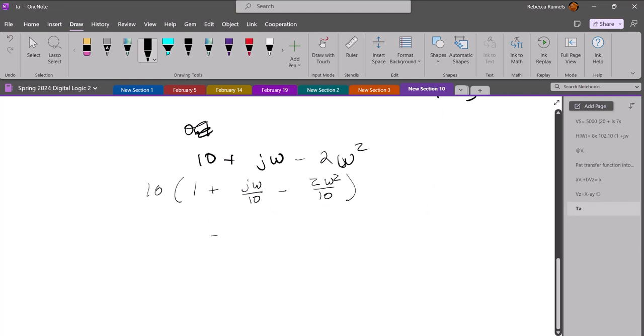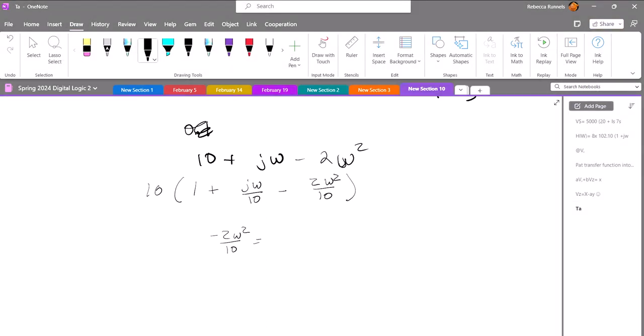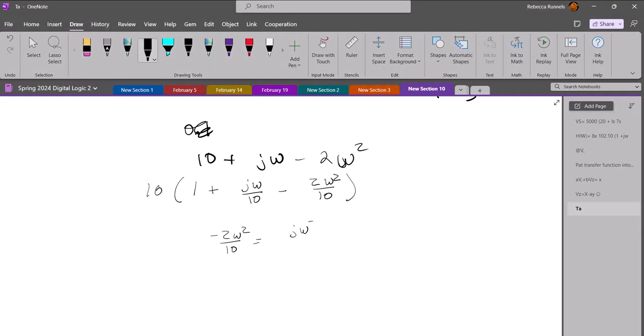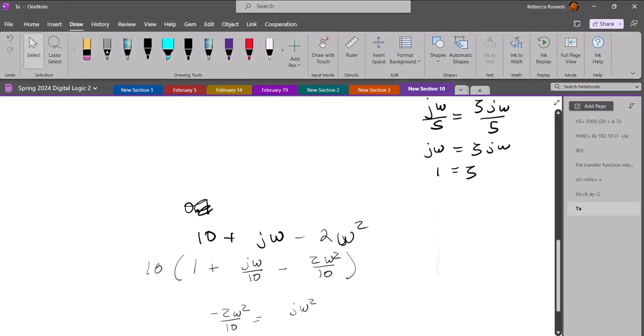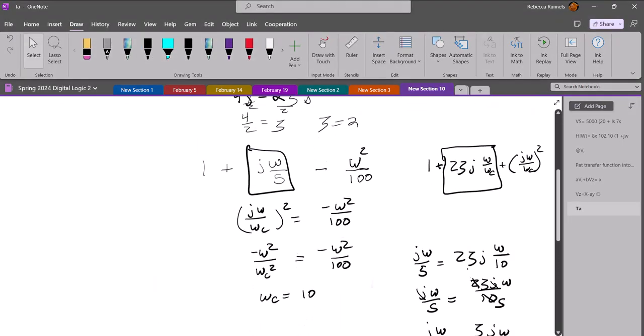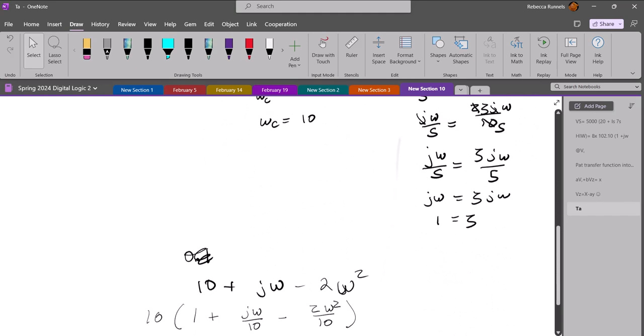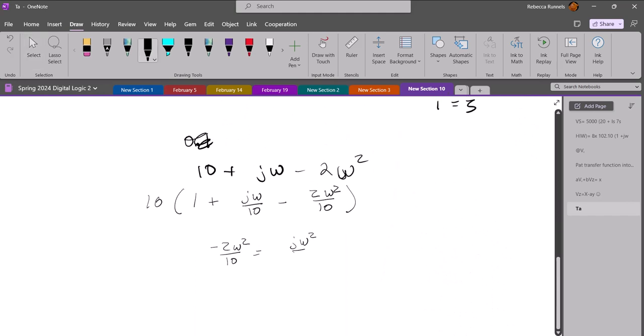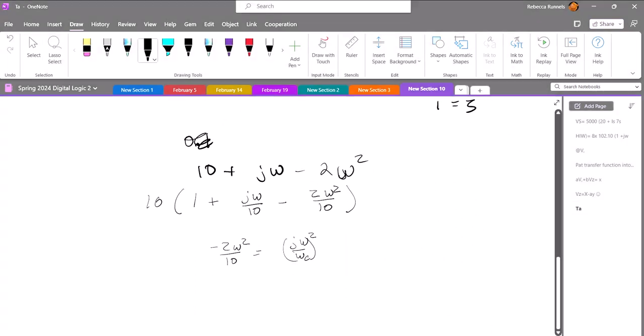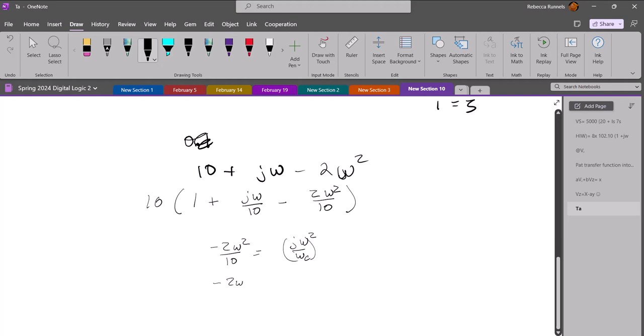Okay, so minus 2 omega squared over 10 has to equal j omega over omega c squared. So minus 2 omega squared over 10 has to equal j squared, which is minus 1, omega squared over omega c squared.